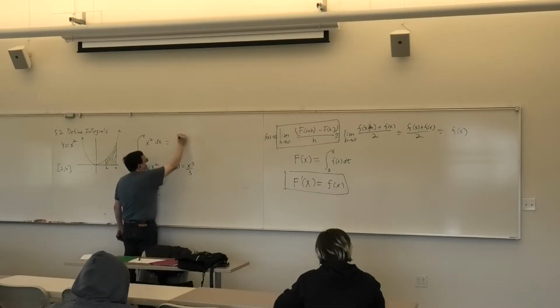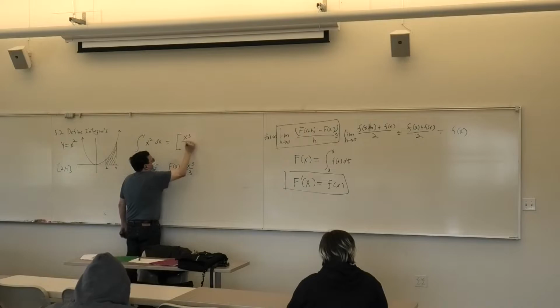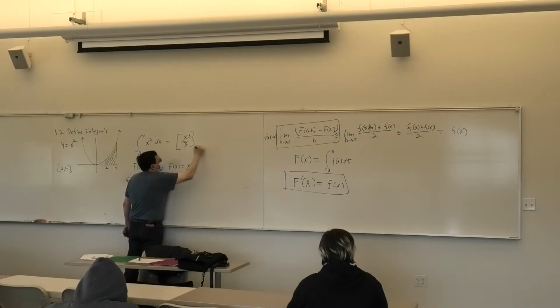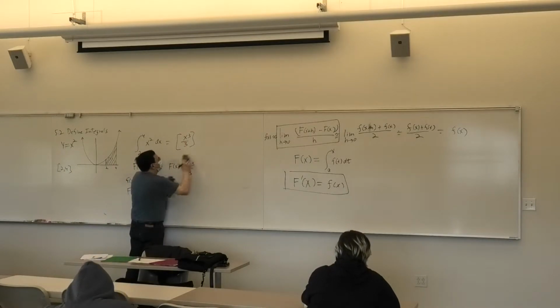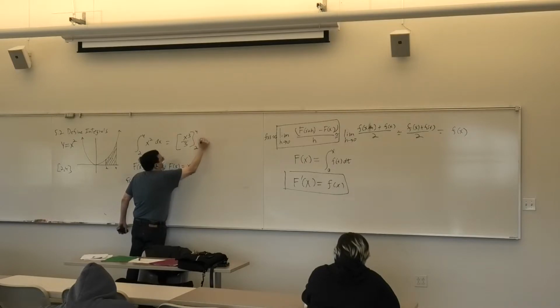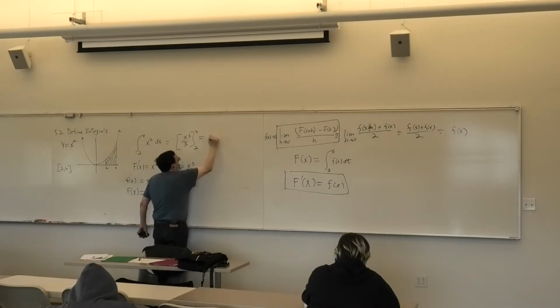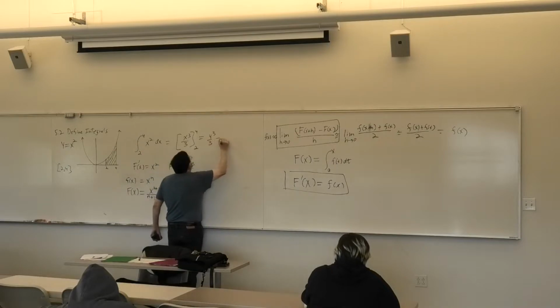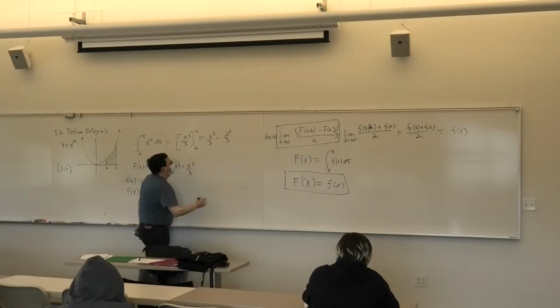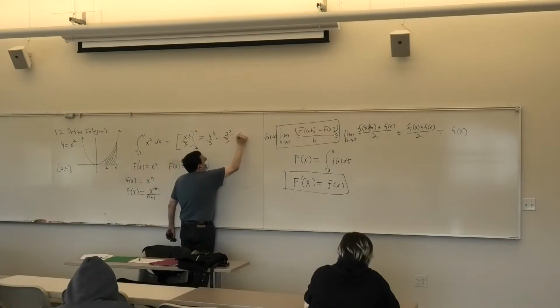So this becomes x cubed over 3 evaluated at 2 and 4, which is 4 cubed over 3 minus 2 cubed over 3. It's 64 minus 8 over 3.